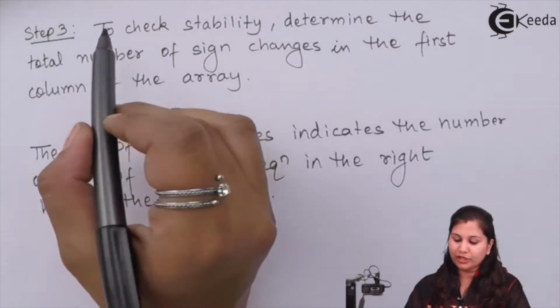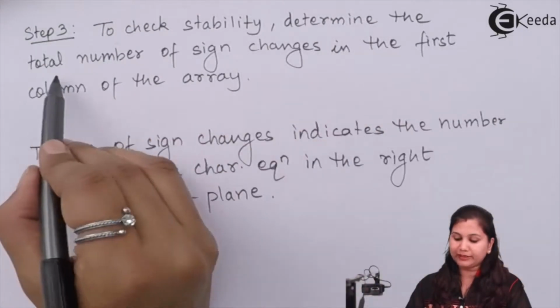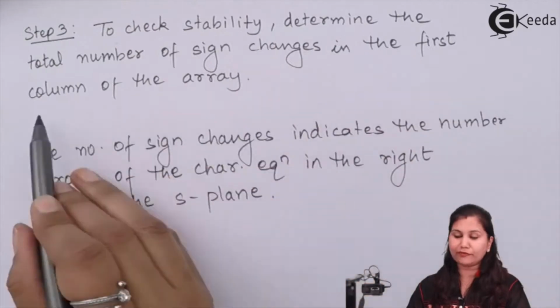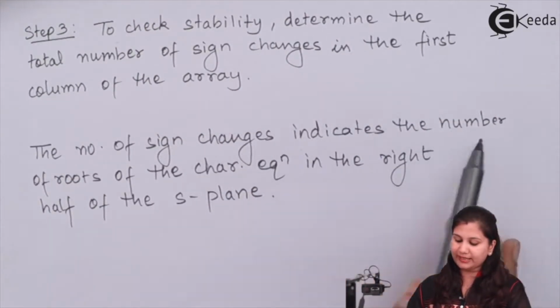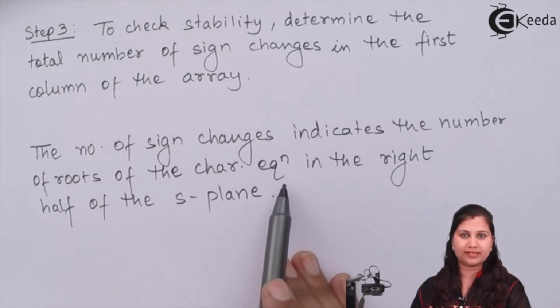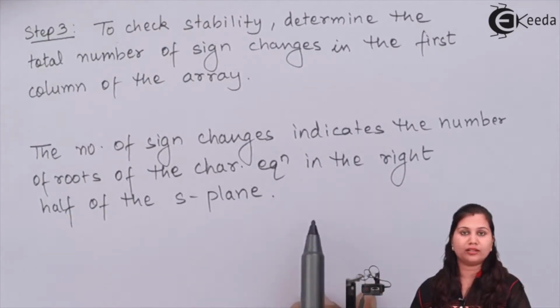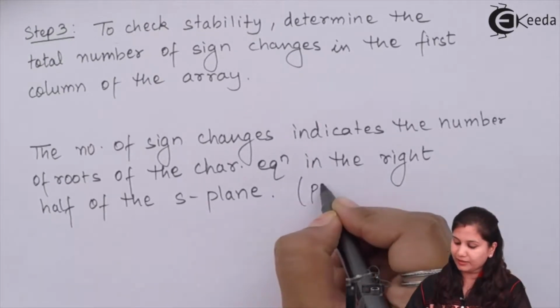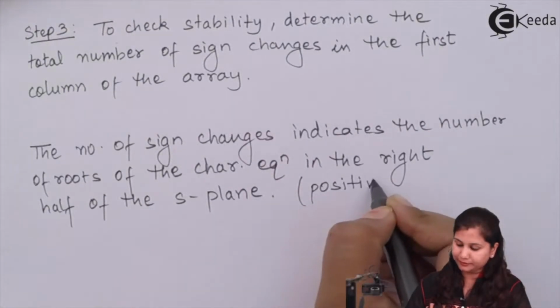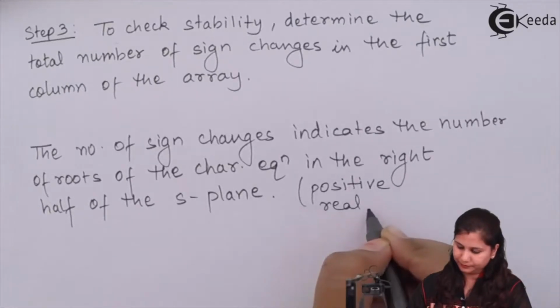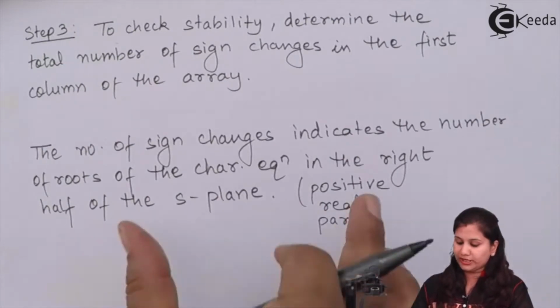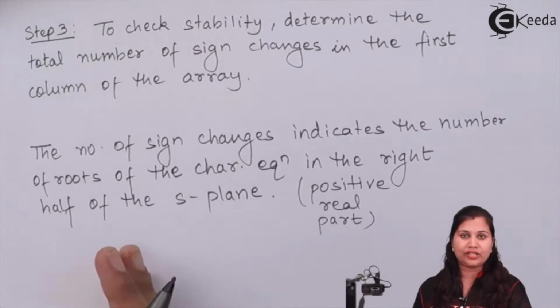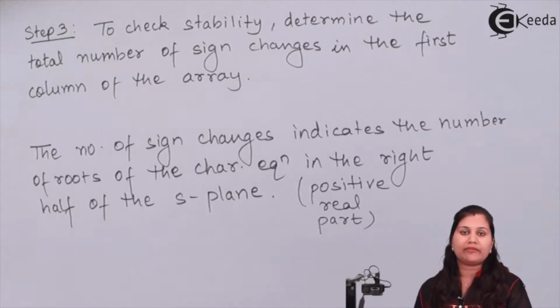So here I have written: to check the stability, determine the total number of sign changes in the first column of the array, and the number of sign changes indicates the number of roots of the characteristic equation in the right half of the S plane, that is, having a positive real part. Okay. So if there is a sign change, then the system is unstable. If there is no sign change, then the system is stable.